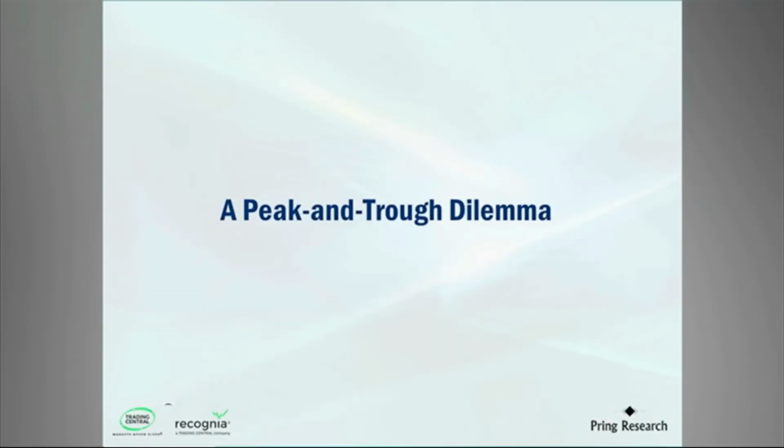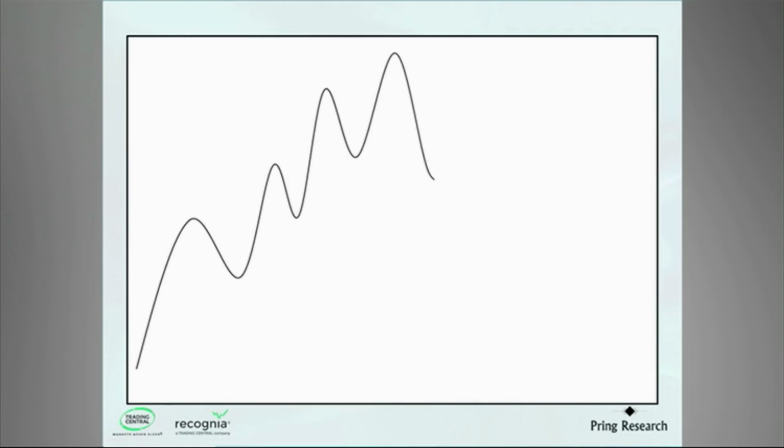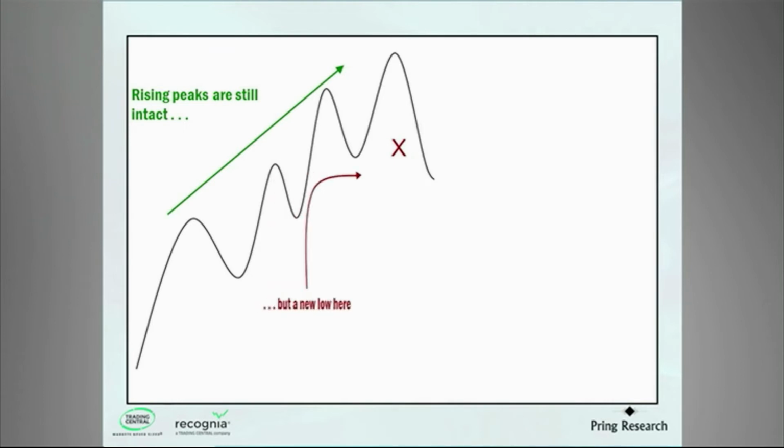Occasionally, peak and trough progression becomes more complicated. In this example, the market had been advancing in a series of rising peaks and troughs, but following the highest peak, the price declines at point X to a level which is below the previous low. At this juncture, the series of rising troughs has been broken, but not the series of rising peaks.